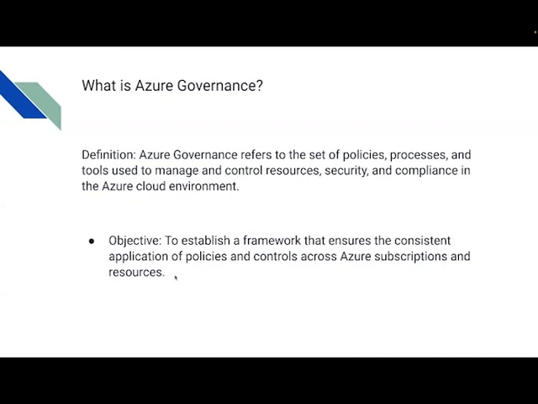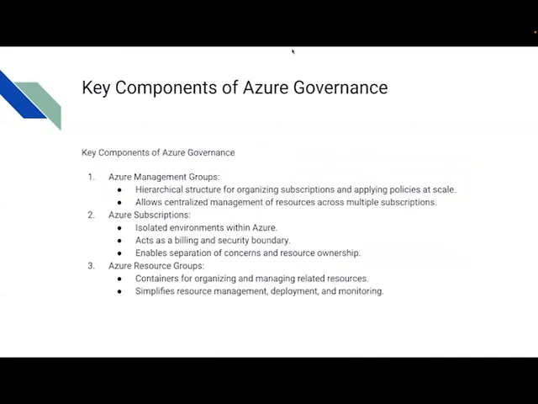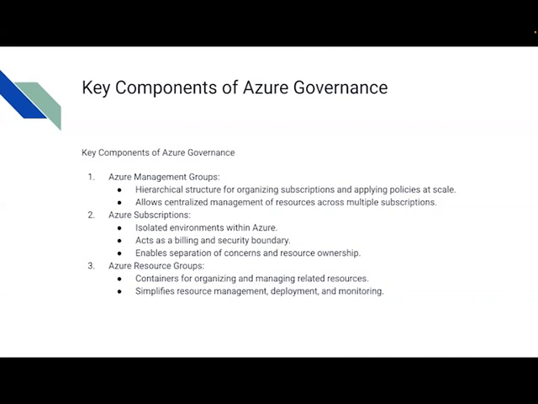Here we're going to see the key components of Azure governance. The key components are Azure management groups, Azure subscriptions, and Azure resource groups. Of course, most of you have heard of this. Management group means a hierarchical structure. In organizations, once you migrate all your servers to Azure, we separate those environments by product and by environment.